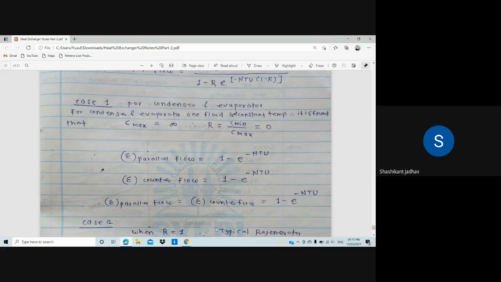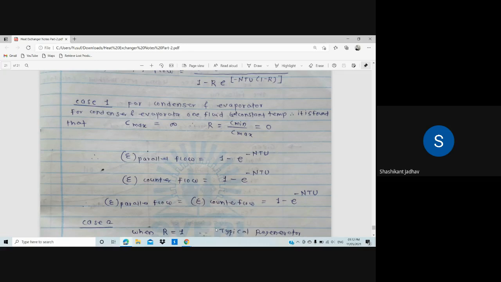Therefore, write down the effectiveness for parallel flow heat exchanger. जे काय आपण वरती equation लिहिलेलं आहे, effectiveness of parallel flow heat exchanger, in that equation we have to put R is equal to 0.